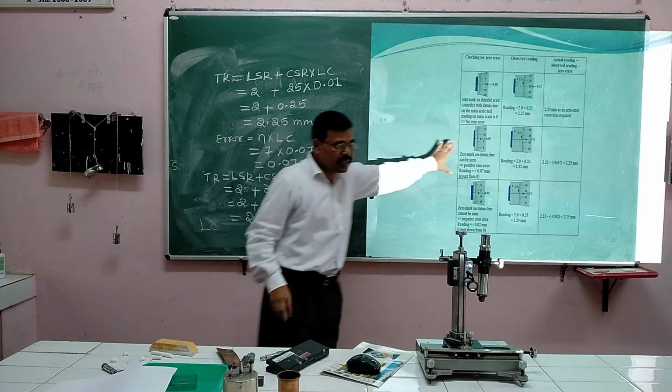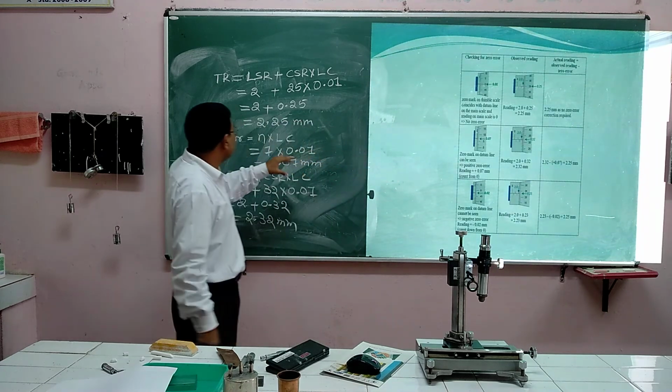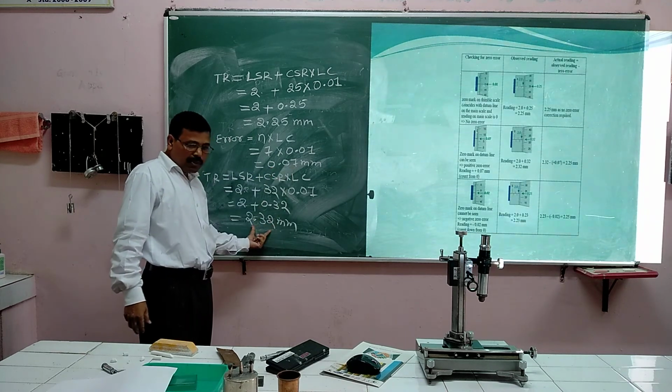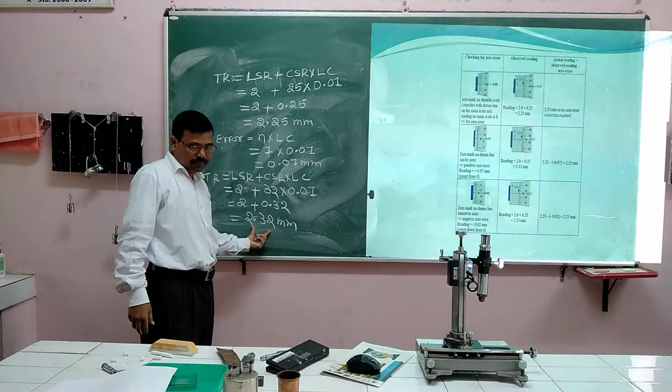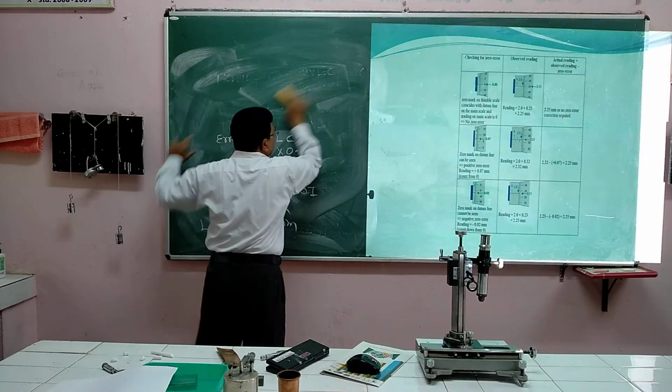But this contains positive error. That error should be subtracted. How much error does it contain? It contains this much error. This number should be subtracted to get the corrected value.